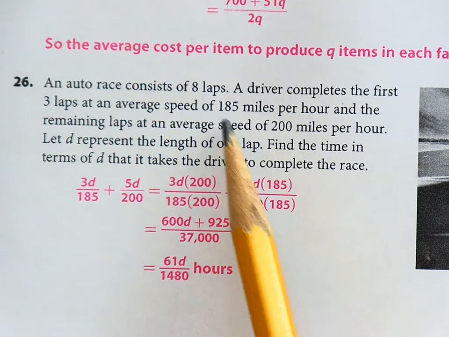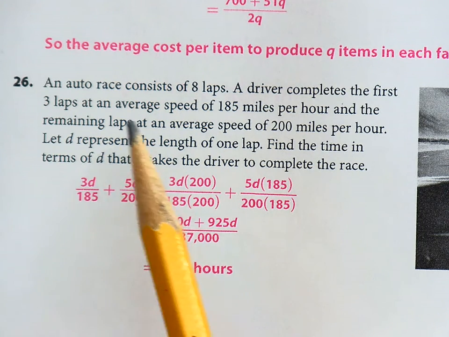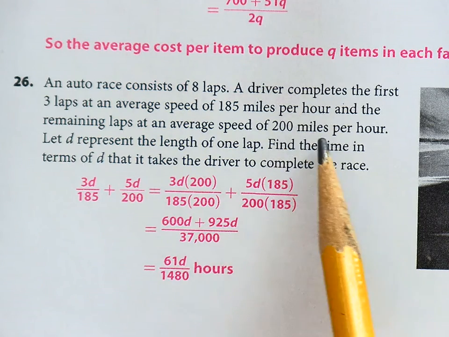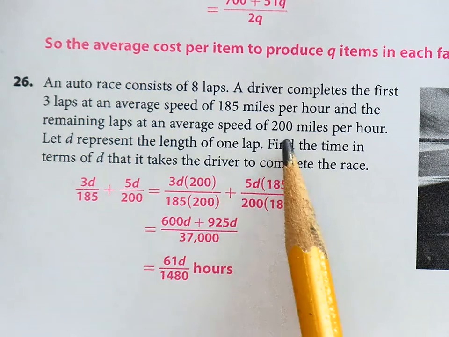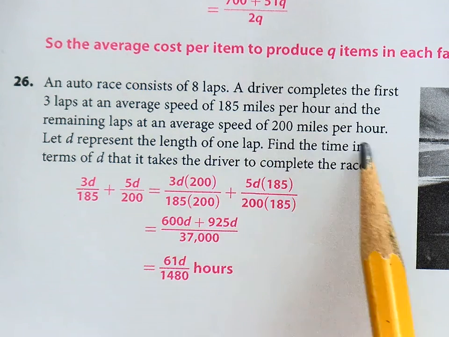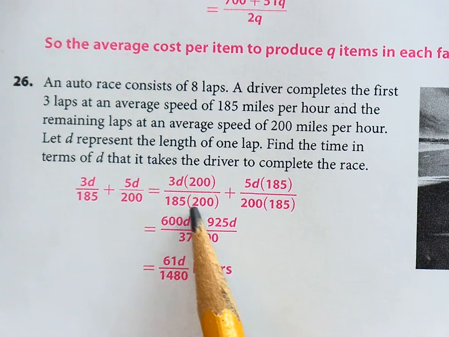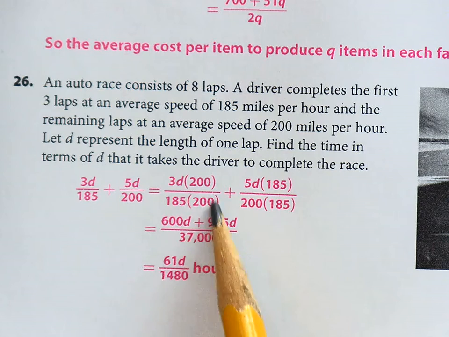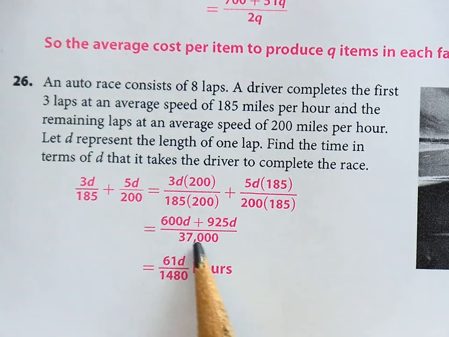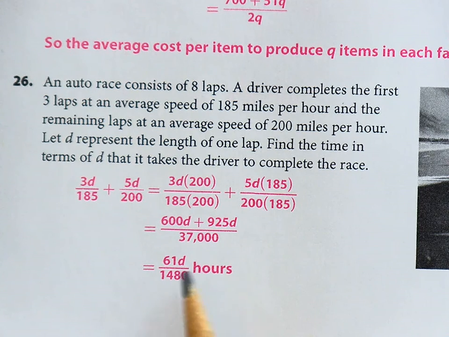And then we have 5d for 5 laps at 200 miles per hour, because the remaining laps out of the 8, which would give us 5, were at 200 miles per hour. So in order to find common denominators, they had to multiply this one by 200 and this one by 185. Now that they had a common denominator, they can combine like terms and get your answer.